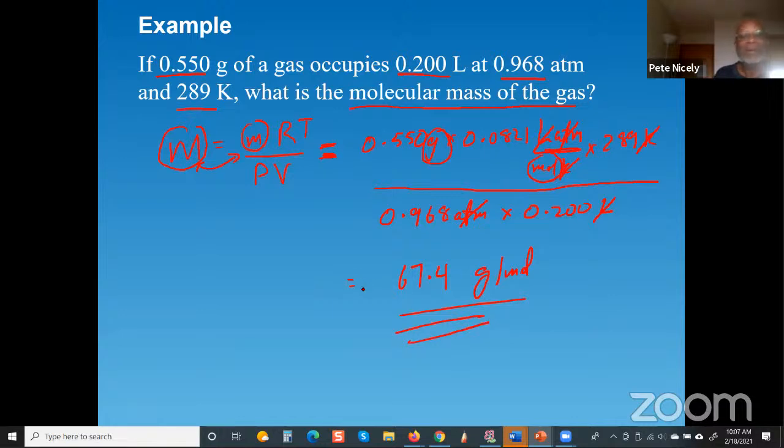Now remember, that's the molar mass. But the question is asking for the molecular mass, which is going to be the same thing numerically, 67.4, but the units would be AMU.